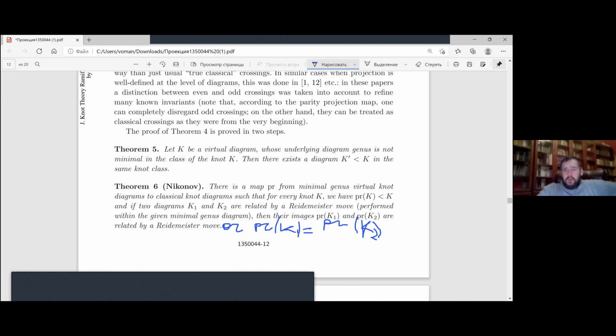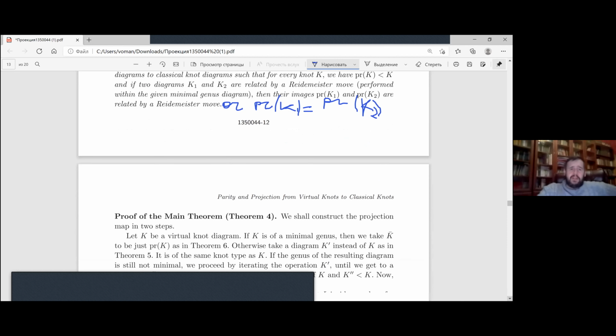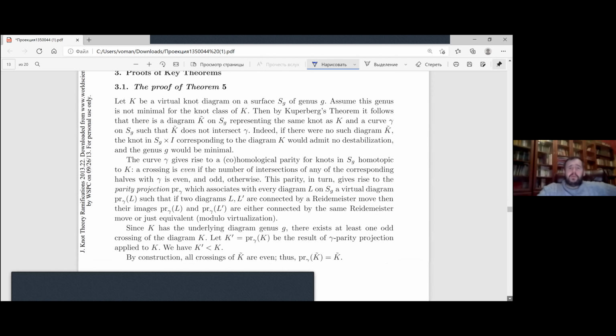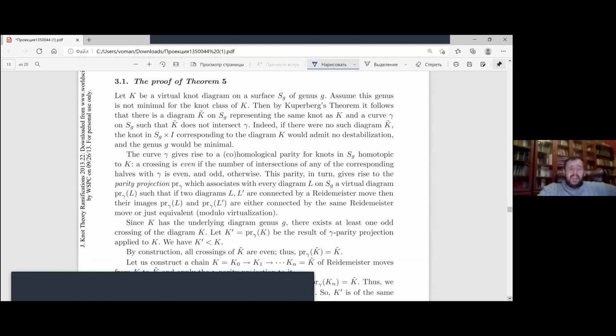If we want to prove theorem 5, the proof is a bit longish, but the main idea is that if we have something not of minimal genus, then we can find some homology class which corresponds to the handle we can cut away.